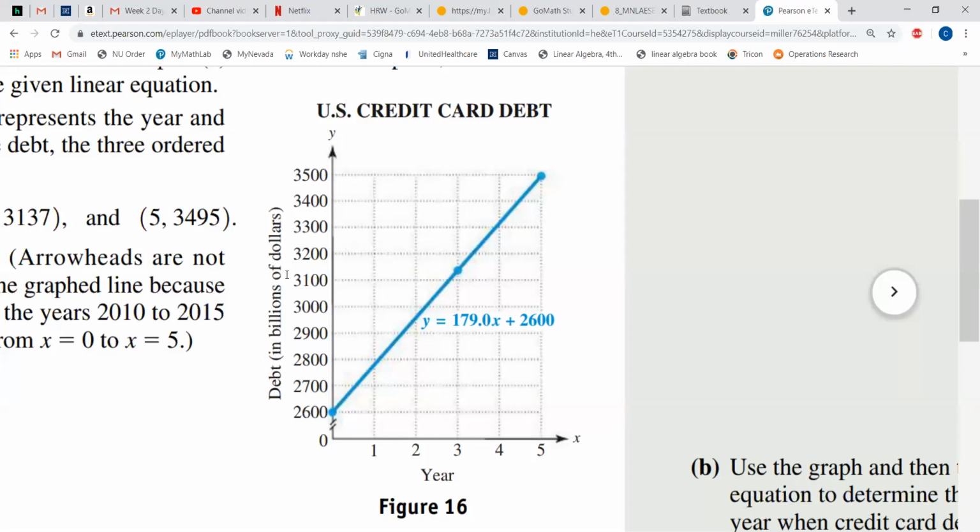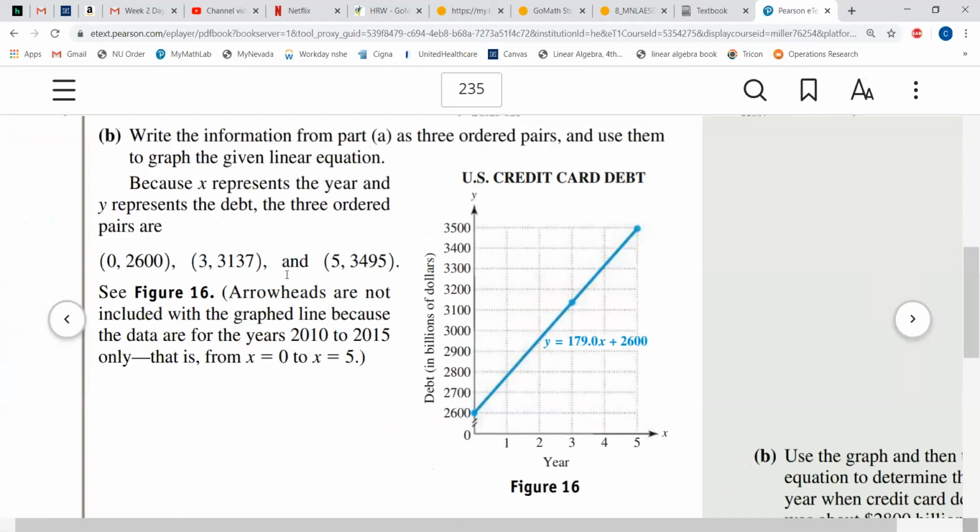So these years 1, 2, 3, 4, 5, we have to see what information we're given to know what those represent because we don't have the year 1. And so we're told that the data are for the years 2010 to 2015. So that means that 0 is 2010, 2011, 2012, 13, 14, 15. And we want to know the credit card debt in 2012. So we want to use x equals 2 and plug it into our equation here.